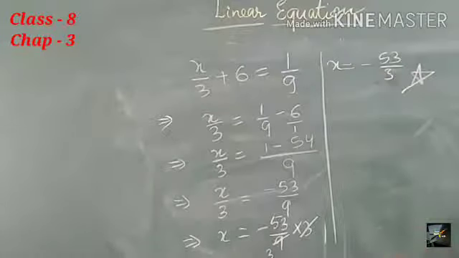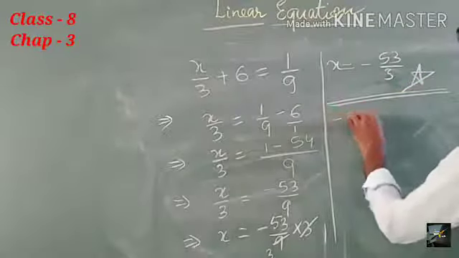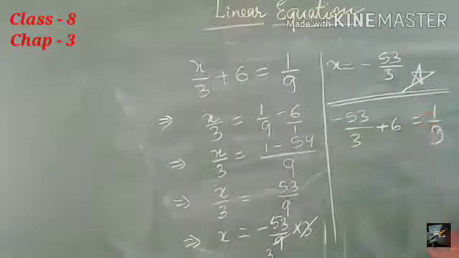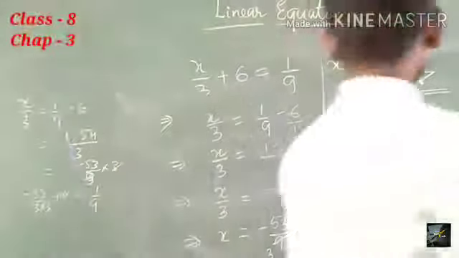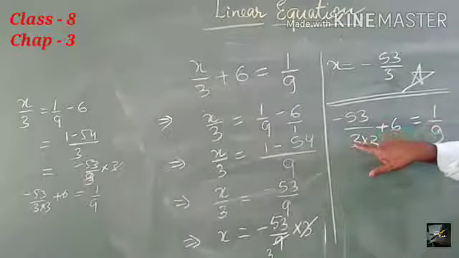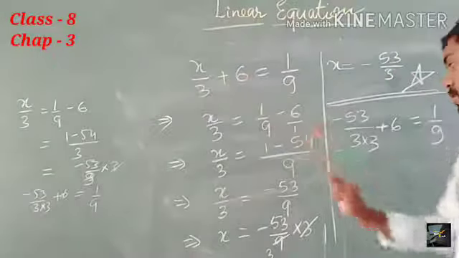Now let's check the solution. For the check, we have to substitute x is equal to minus 53 upon 3 in the original question. So we get minus 53 upon 3 plus 6 is equal to 1 upon 9. Here, minus 53 upon 3 is the value of x, multiplied by 3, as given in the question.